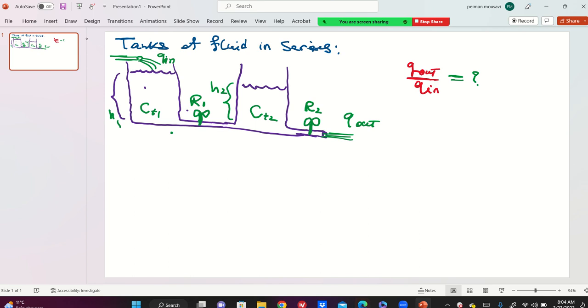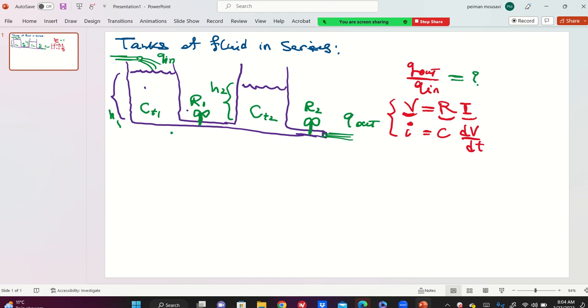Remember that in electrical engineering, as we did in the first order system, we have V equals RI, which is the potential, resistor, and the current. And we had I equals C dV over dt for the capacitor. So we are taking advantage of this analogy from electrical engineering to go over tanks of fluid.